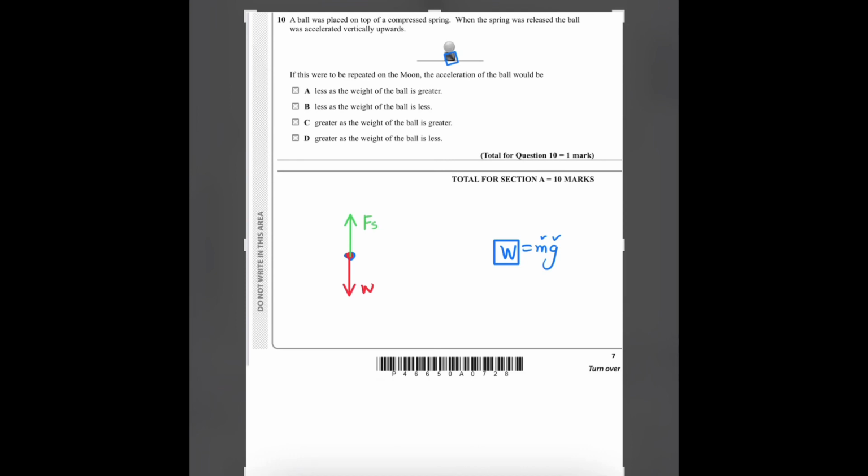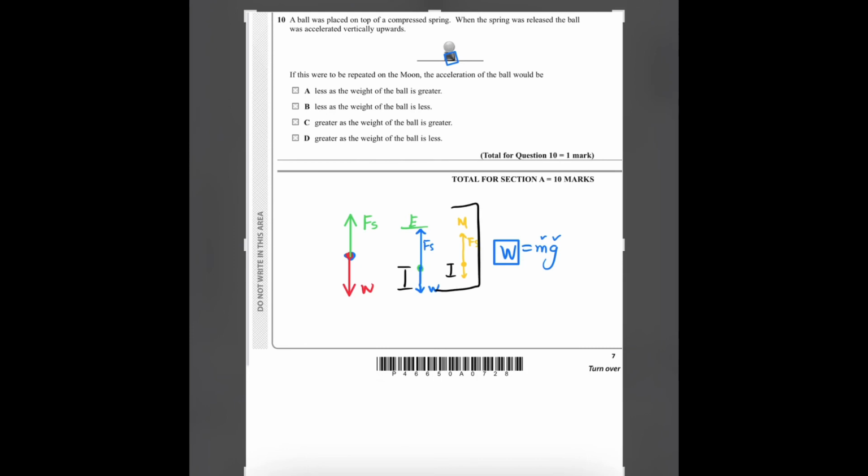So on earth we can draw the spring force Fs and the weight of this much, for example. But on the moon, the force from the spring is the same, but the weight is actually lower. We can notice that this length is greater than this length.